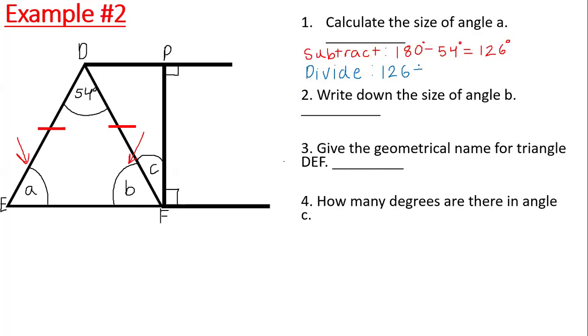Why are we dividing it by 2? Because we want to get the answer for both A and B. Exactly. We split it into 2 because the 126 that we got here must be shared among these two angles, because these two angles are equal. And we know that these two angles are equal because of what? Because of the two lines.